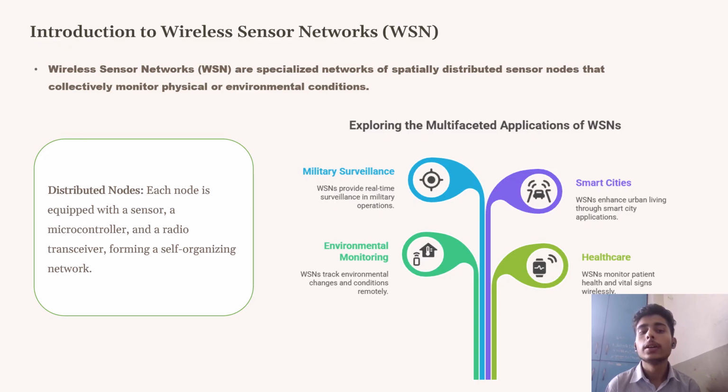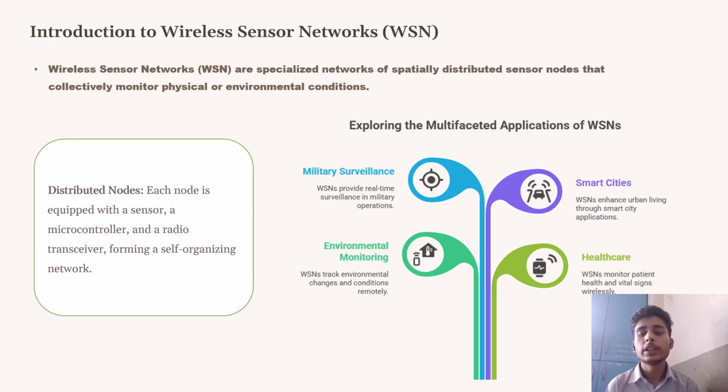It also monitors physical data and environmental conditions. A spatially distributed sensor node consists of a sensor, a microcontroller, and a radio transceiver which transmits the data. It forms a self-organized network.